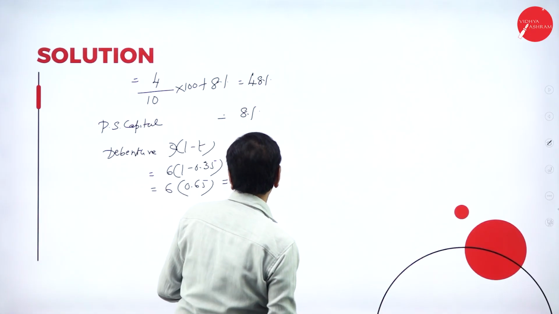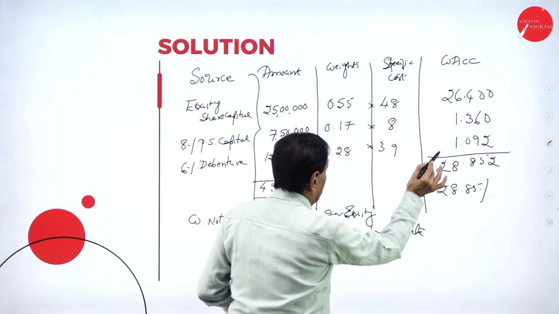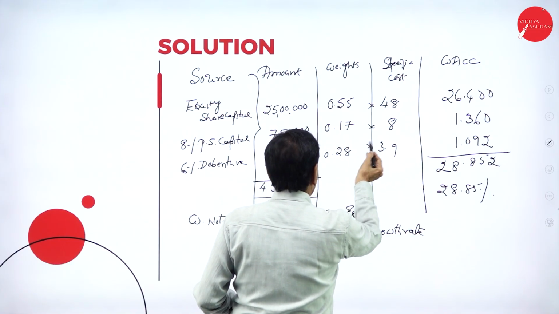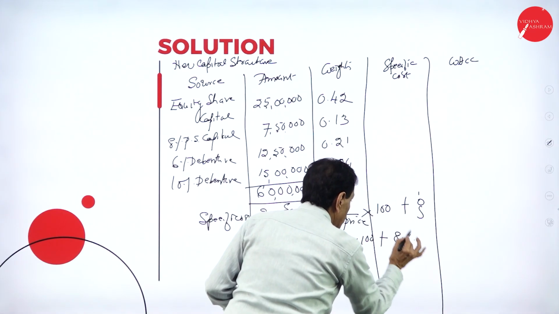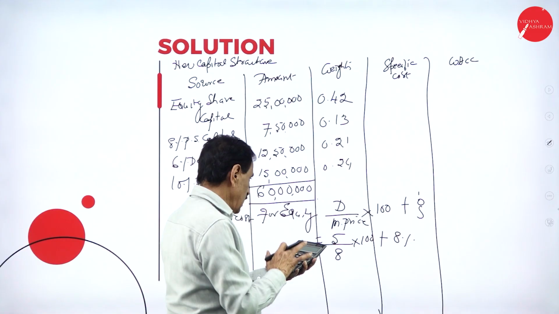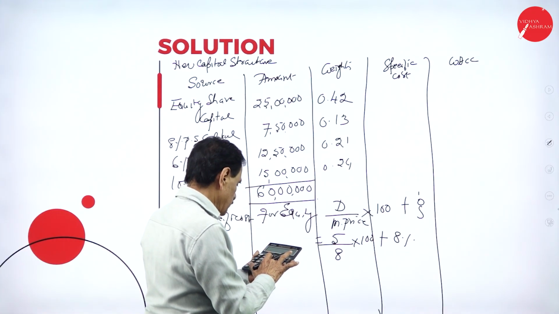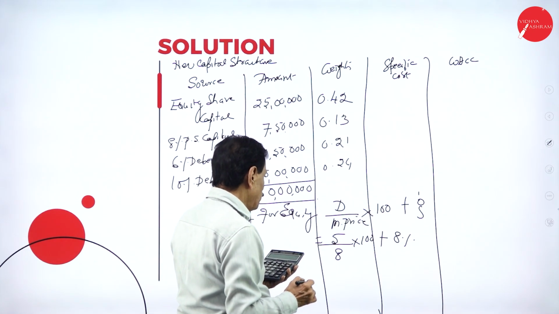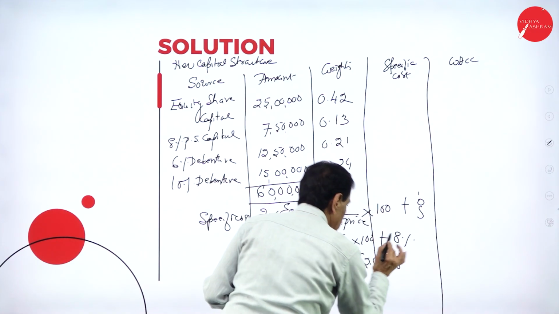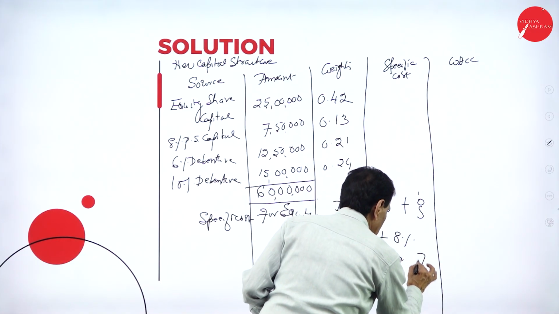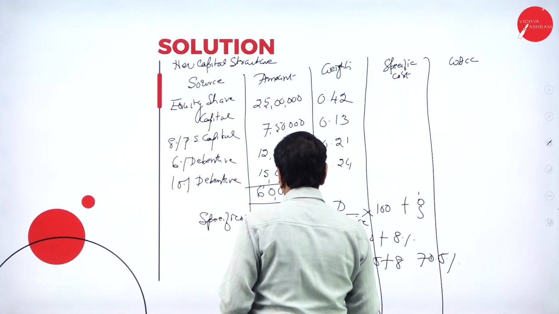What's the old growth rate? It is 8%. 5 divided by 8 into 100, 500 divided by 8, 62.5 plus 8, 70.5. This goes here.